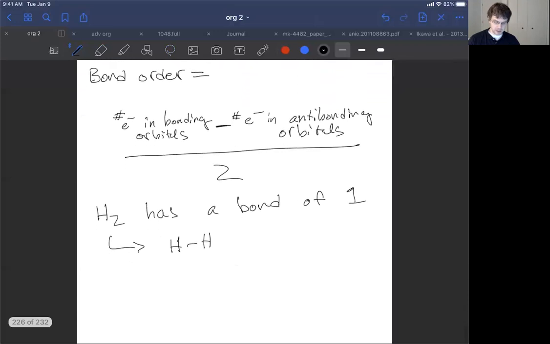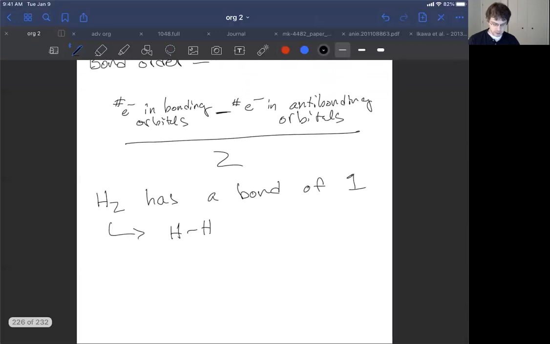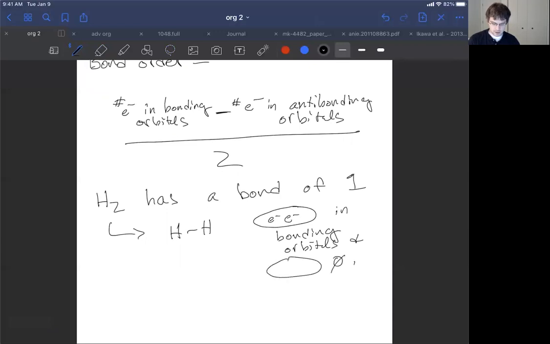But if we try to calculate it, what I said before was that we had 2 electrons in bonding orbitals and none in the anti-bonding molecular orbitals.